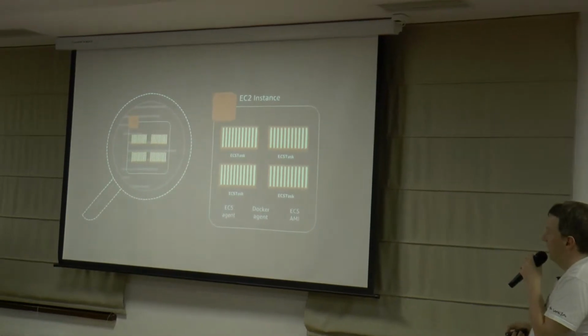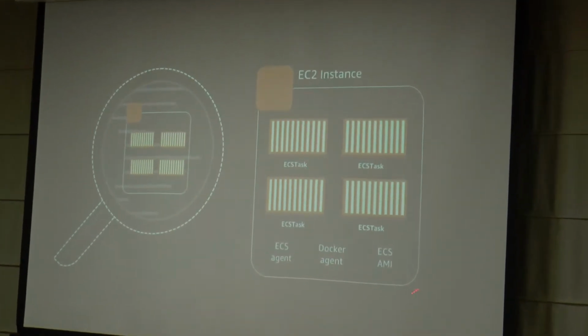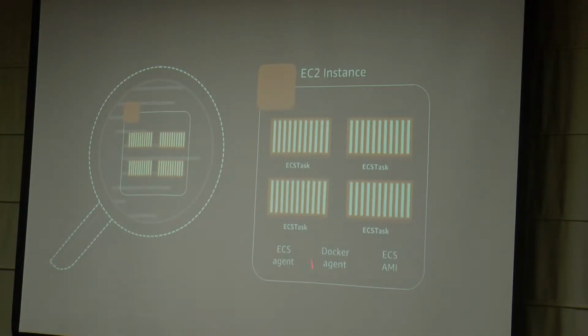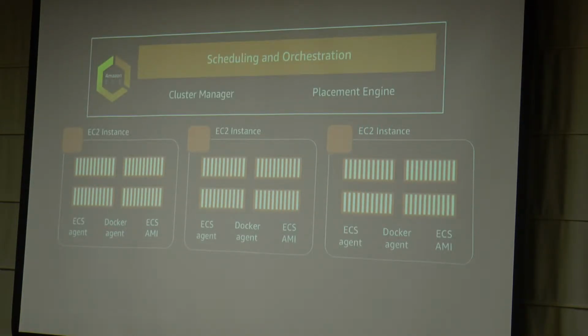So, EC2 instance, ECS tasks, and running on that host, you have a Docker agent, you have the ECS agent talking to the ECS backend. So you have a few more things that you need to set up. And customers say, no, we don't want to deal with this stuff. Make it simpler.